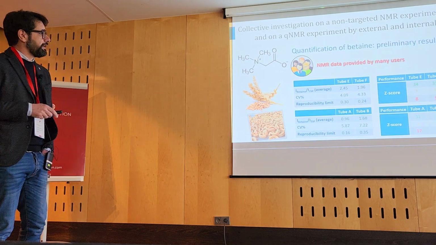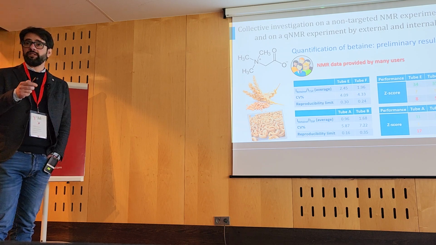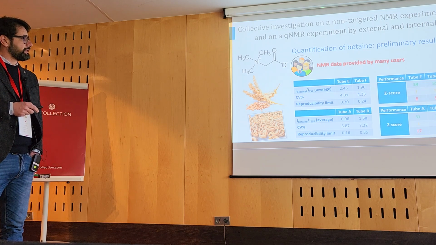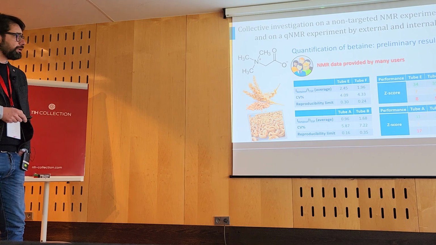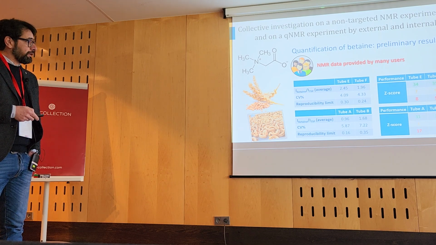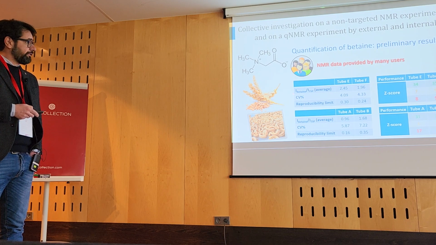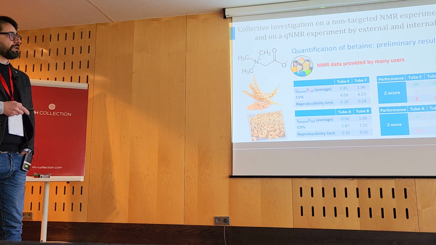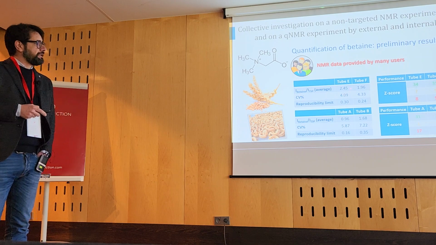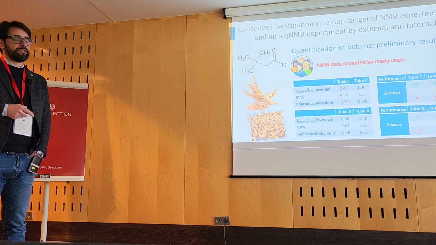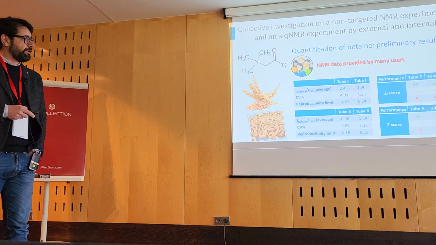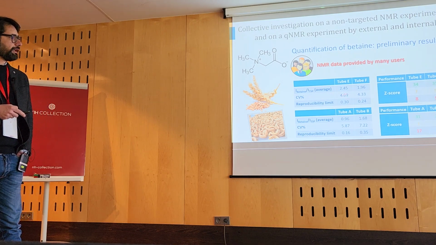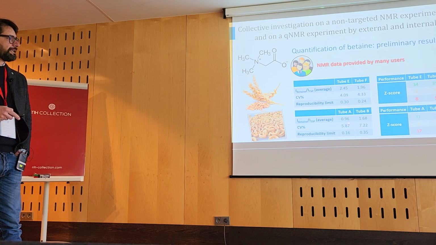Just the final results, the semi-quantitative part, because we started to quantify betaine in the sample. At the moment, we have only data of the intensity ratio, and we can see that the CV percent is encouraging, a promising value both for wheat and for pasta.